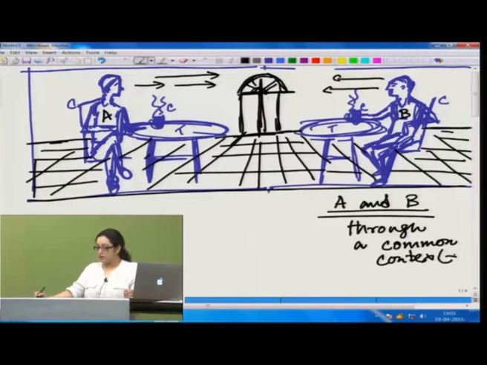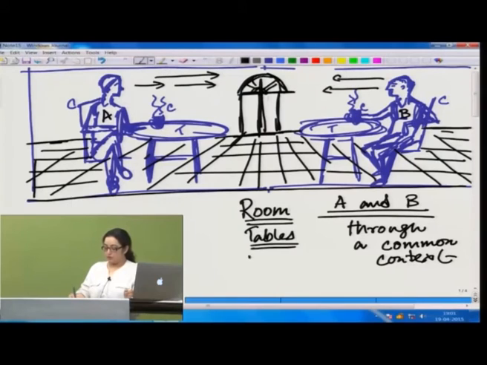And what is that common context? A room which is common, the tables that are common, they share the same floor, and although they are not sharing the cup of tea, they are looking at each other.